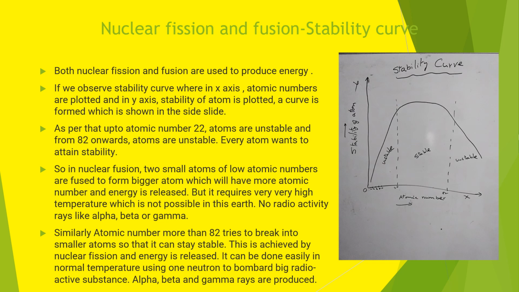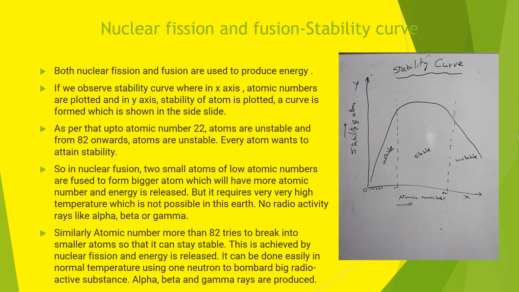If you observe the stability curve, on the x-axis we have put atomic numbers and on the y-axis we have put stability of the atom, a curve is formed and is shown on the slide. As per that, up to atomic number 22, atoms are unstable, and from 82 onwards, atoms are unstable. In between, from 22 to 82, they are stable.